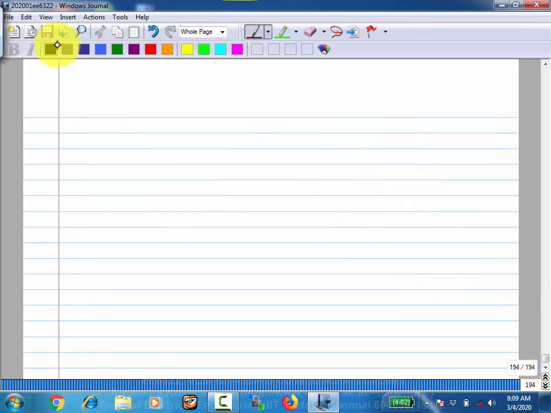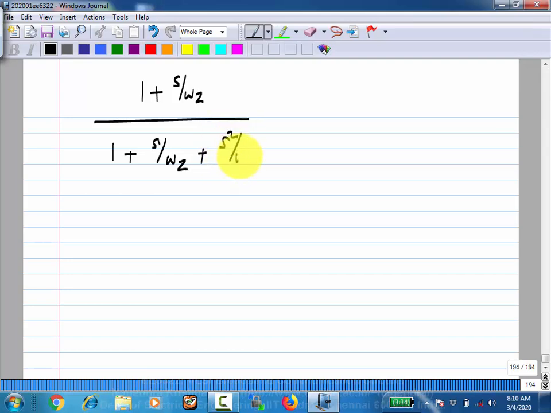So we have 1 plus s by omega z over 1 plus s by omega z plus s square by omega z omega u. Okay, so this is the transfer function. Let me take only the denominator part of this.